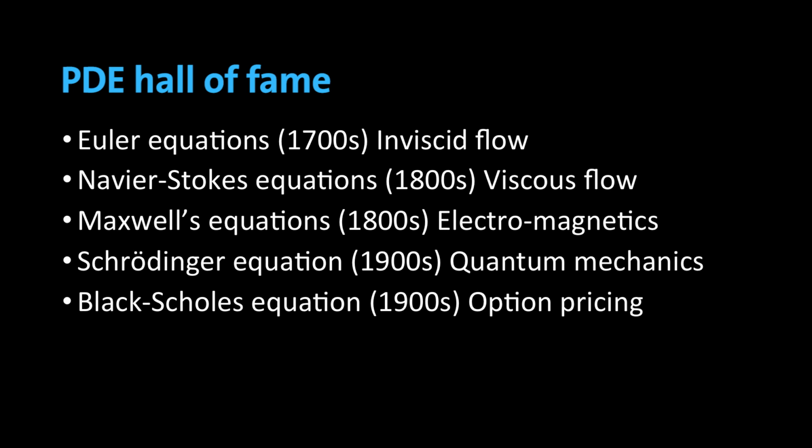The study of inviscid flow is also the study of the Euler equations, viscous flow, the Navier-Stokes equations, electromagnetics, Maxwell's equations. The Schrödinger equation describes quantum mechanics, and the Black-Scholes equation can be used to price options.